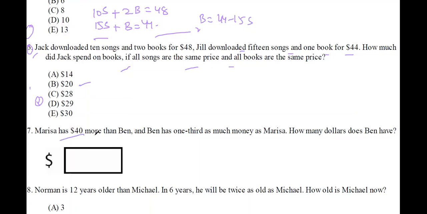Okay, now this question. Marissa has 40 more than Ben, and Ben has 1/3 as much as Marissa. So how did you solve this? For question 7, I got Ben has $20.